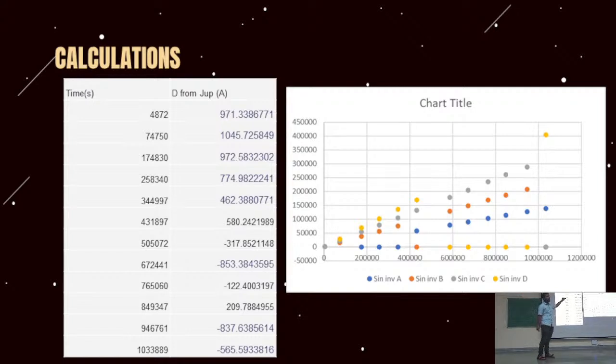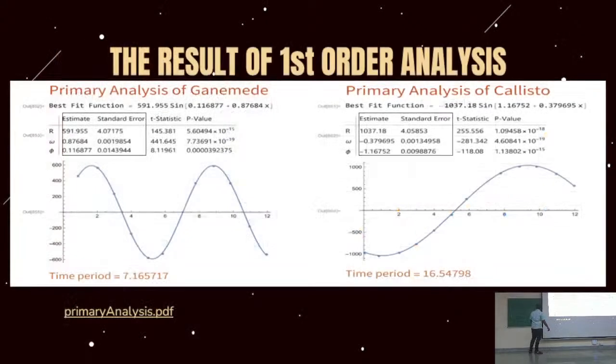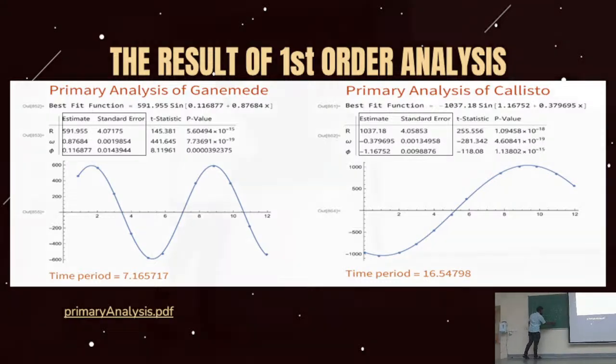From this we identified the points, and then we fit them to a sine curve. We had a code for that, and in the fit we had three parameters basically: our A, our omega, and our phi.